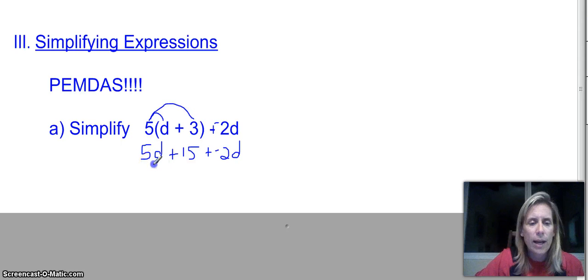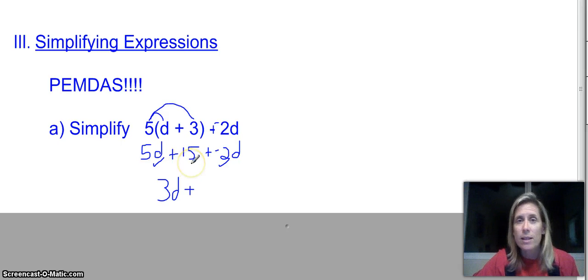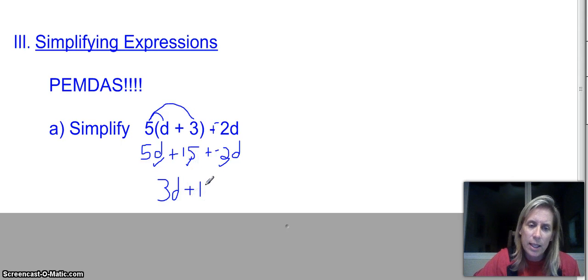We have 5D plus a negative 2D. How many D's does that leave us? 3D. Okay, we have 3D plus, we have this one term that has no D's. What do we call that? A constant. Good. So it's 15.